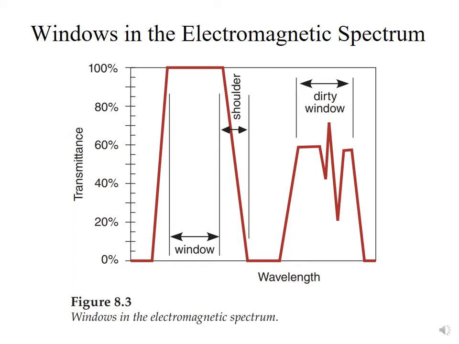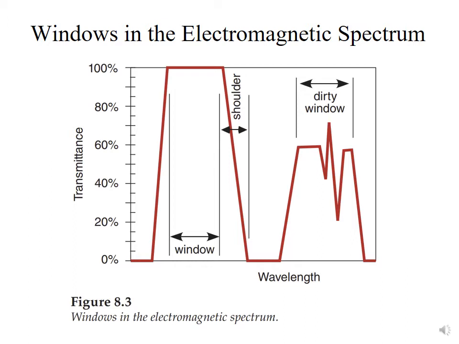As the wavelength changes, it dramatically changes the transmittance through the atmosphere. And then we have what's called a dirty window, which is a wavelength range where the transmittance is somewhere between 0 and 100%, but not changing rapidly.